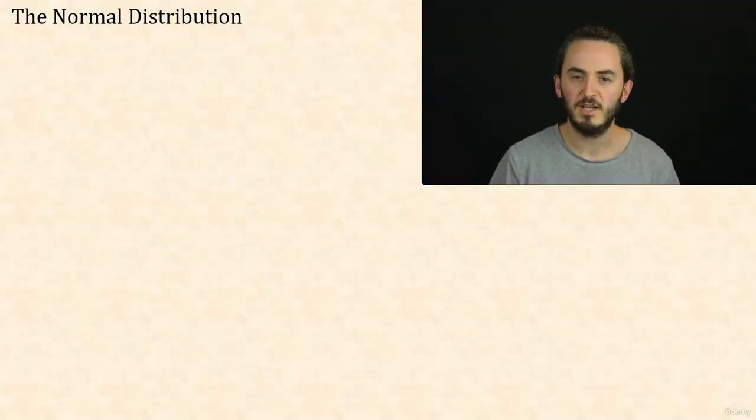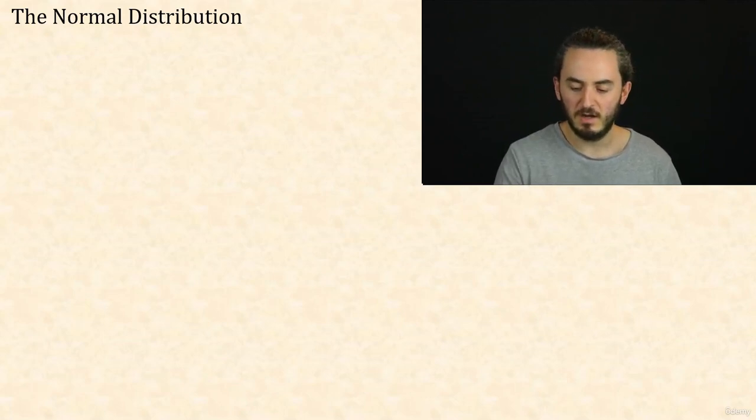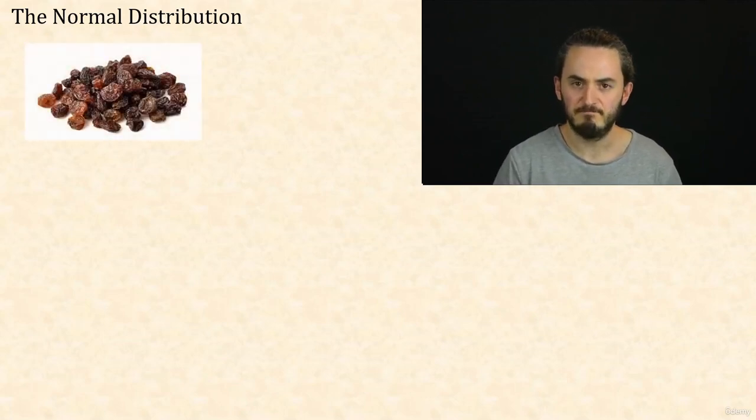So I've been teaching statistics for many years, and when I begin teaching normal distribution, I get my students to do the following things. I empty a bag of raisins onto the desk and I get a group of them to weigh and record every single one of them. So aren't you glad that you're not in my statistics class?